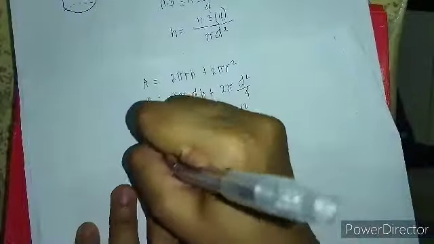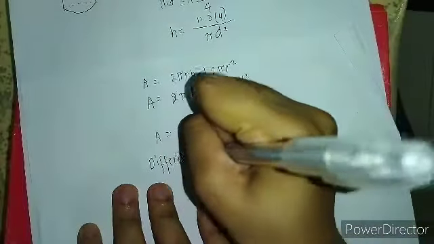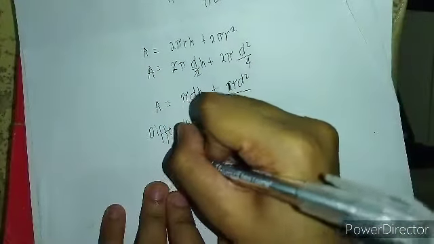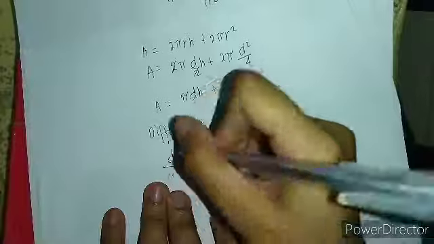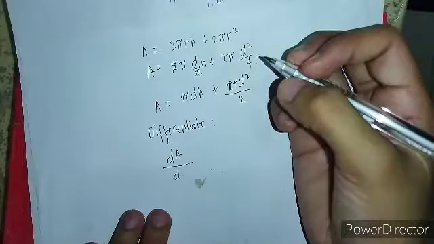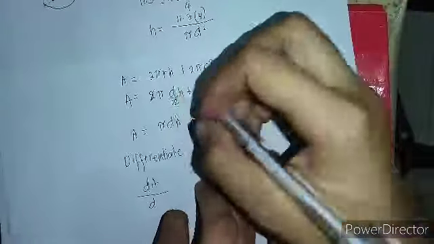So we need to differentiate this. We have the derivative of the area with respect to the diameter. By the way, we have to substitute the value of our h.